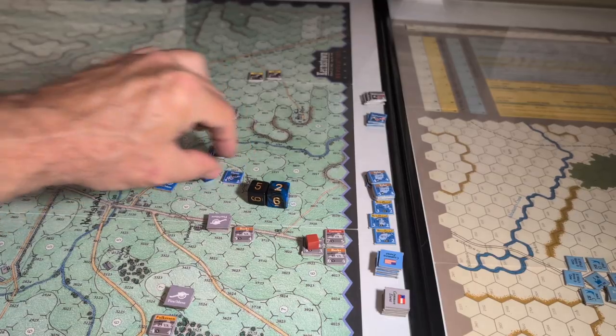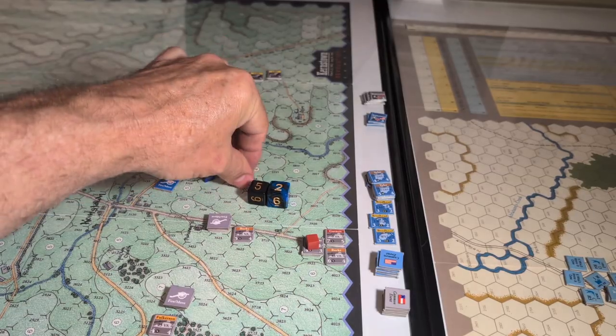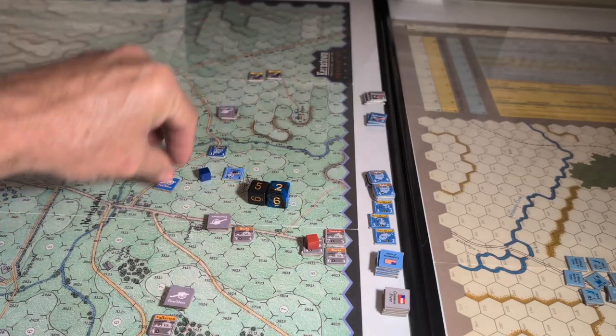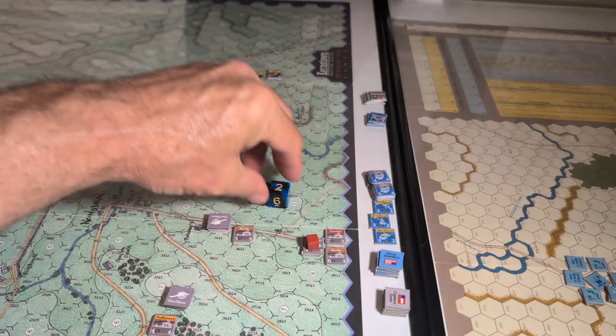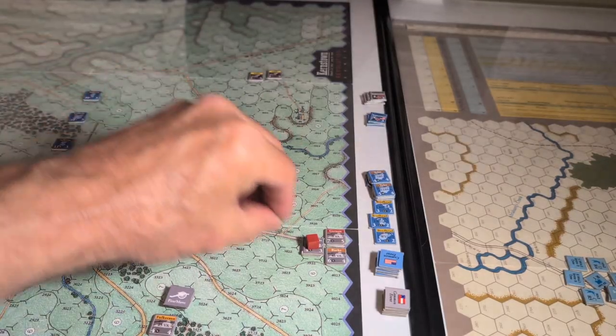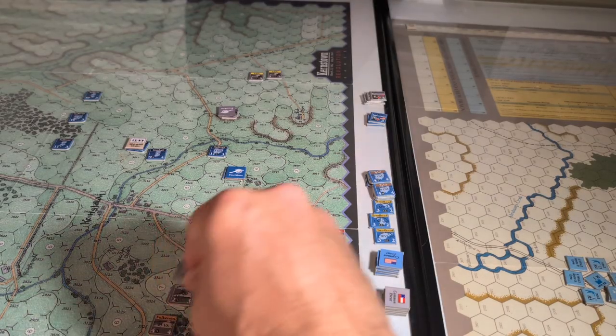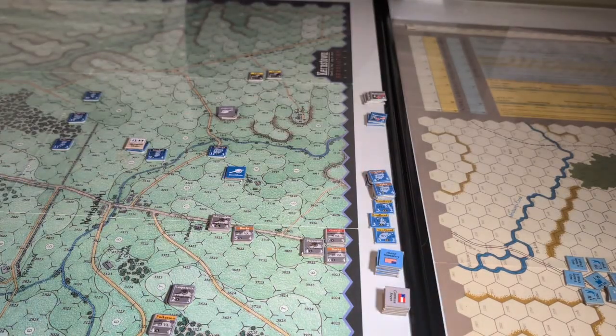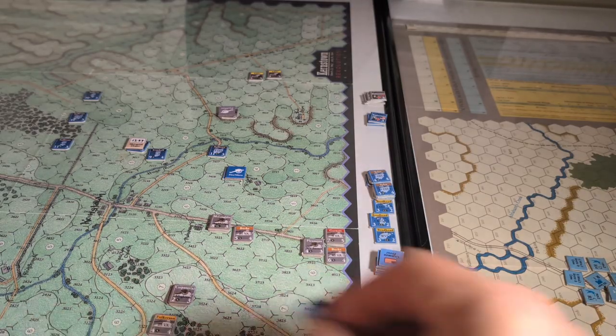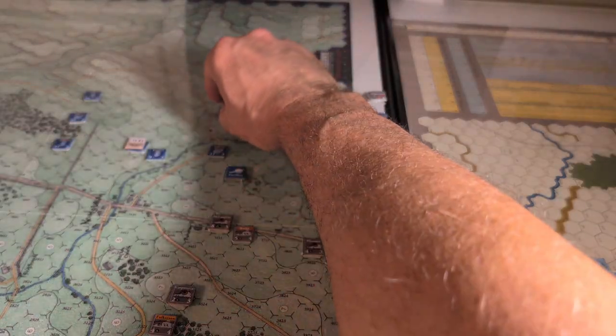So this unit here is flipped over. That's what we wanted. Okay, so now I can remove all of the artillery activation counters.